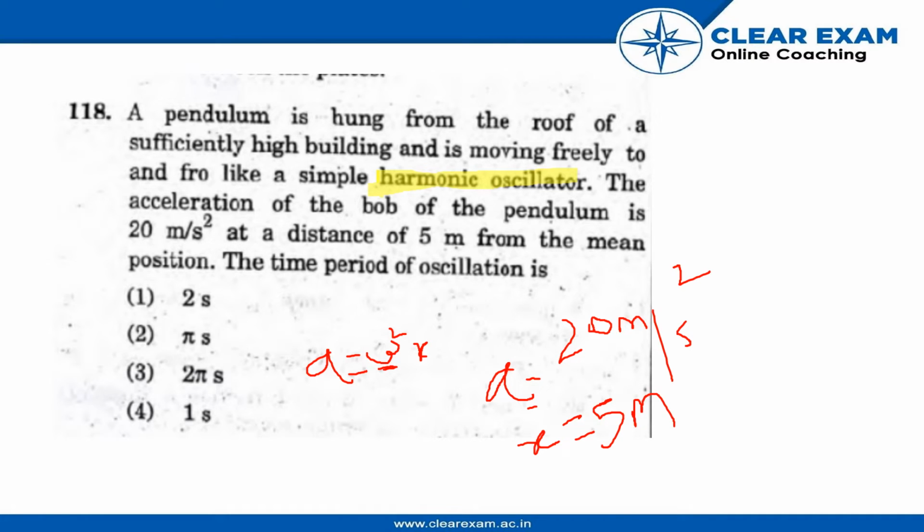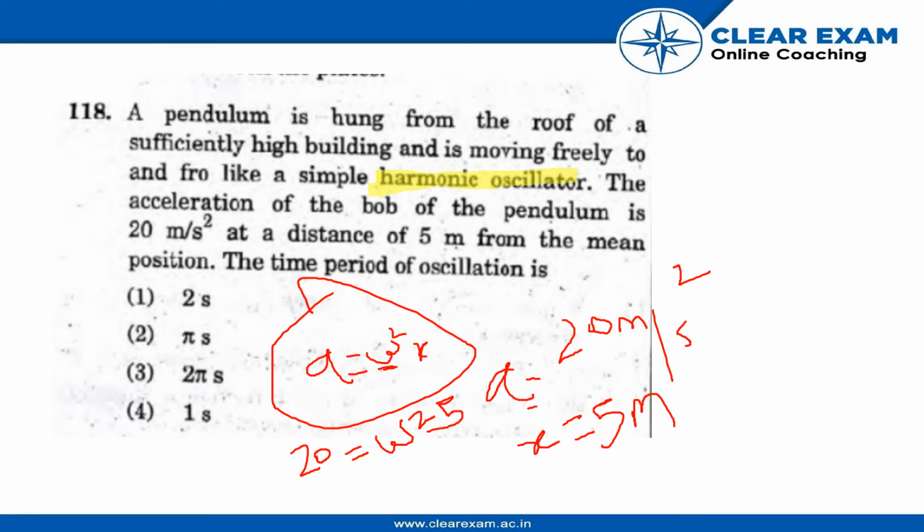So now we can use the formula. We will substitute these values in this equation. So what we will get, in place of a we will put 20, equal to omega square times 5, x is 5.